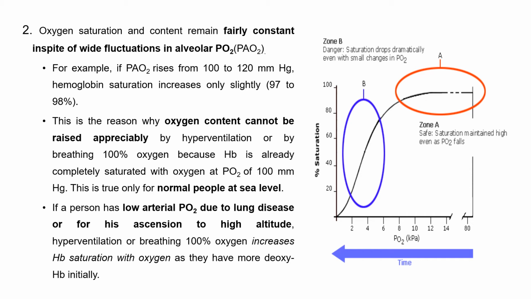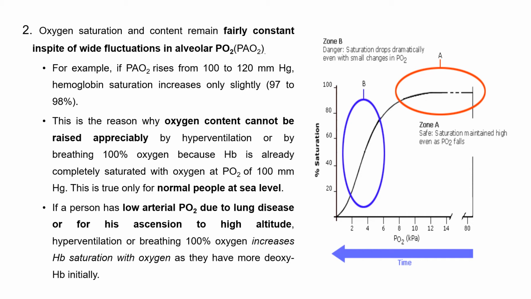Plateau starts from about this stage, and till this stage 90% of hemoglobin is saturated, and from here only 10% is remaining. If you increase the partial pressure from 100 to 120, then oxygen saturation will increase only from 97 to 98%, isn't it?